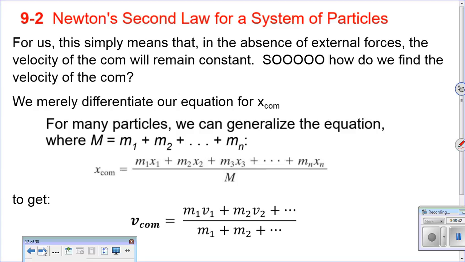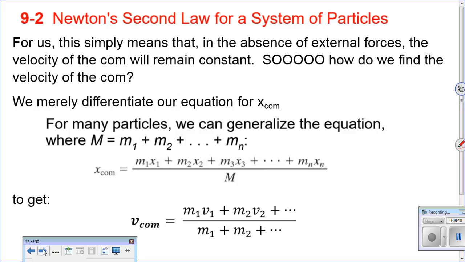So, how do we find the velocity of the center of mass? Well, this is the equation for the position of the center of mass. And what's the relationship between position and velocity? If you have the position, how do you find the velocity? Take the derivative. So if I differentiate this with respect to t, we just end up getting dx1/dt, which is the velocity of object 1, and dx2/dt, which is the velocity of object 2.